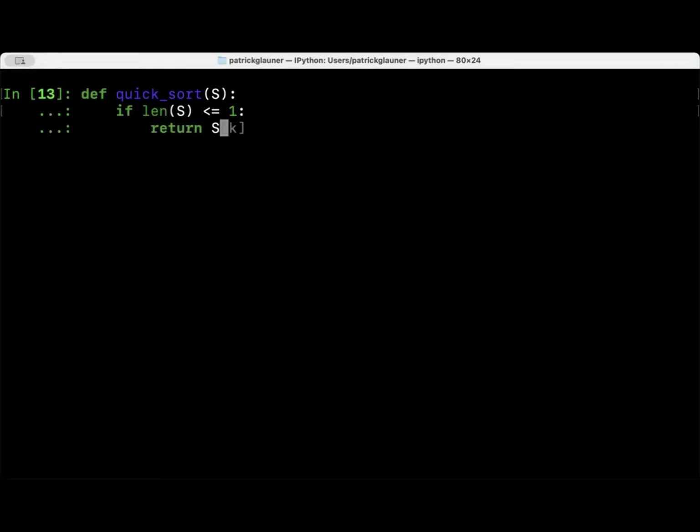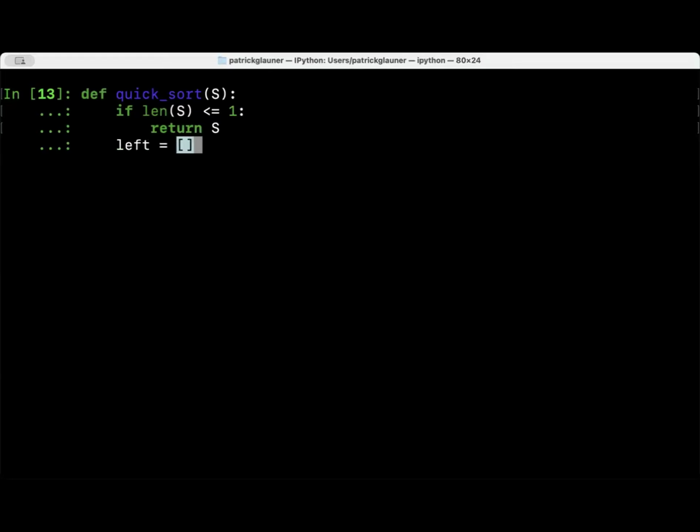This time we built the algorithm in a way that we don't change S, but we return something. This will make this implementation slightly easier. So in this implementation, we actually return a sorted list. And here we have S, and if S has 0 or 1 elements, we just return it.